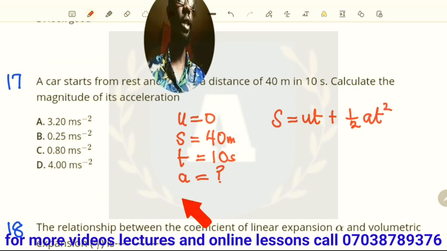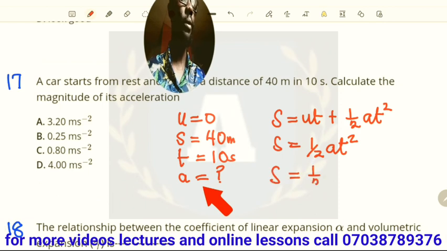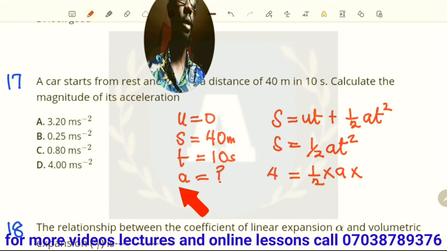Since the initial velocity is 0, this will be 0. Then you have half at squared. So S will be equal to half multiplied by acceleration, which we don't know yet. We've been given the value of S. Let's substitute directly. That's 40 equal to 1 over 2 times A times time 10 squared, which is 100.